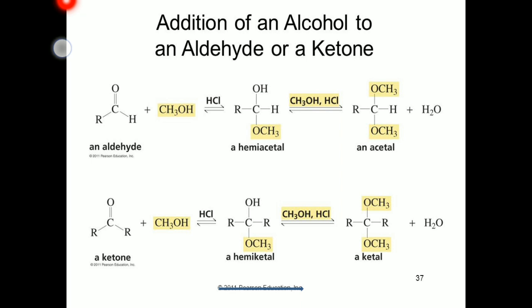In this particular reaction, the OH group of hemiacetal is replaced by CH3O group of methyl alcohol to produce a compound called acetal. This is the formation of hemiacetal and acetal by the addition of methyl alcohol with an aldehyde.